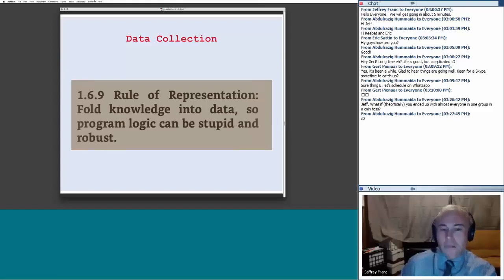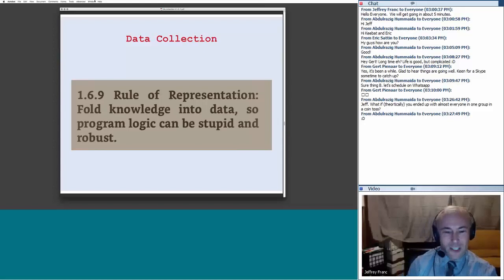Your computer program would love to calculate your average postal code, for instance, and decide whether there's a statistical difference between the postal codes between your two groups. The computer would love to do that for you. We don't want it to do that, so we want to make sure that we fold all this knowledge into our data.